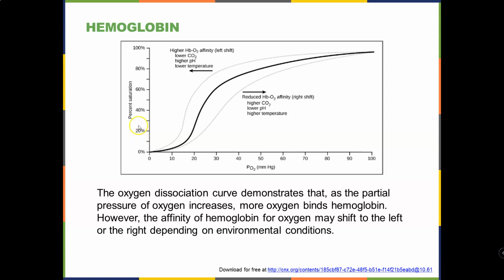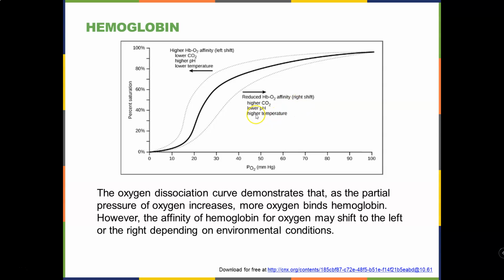And here's the percent saturation, how much oxygen the hemoglobin can hold on to under these different pressures right here, this being 100% being the maximum, and you can see this curve is asymptotic approaching 100% right here.